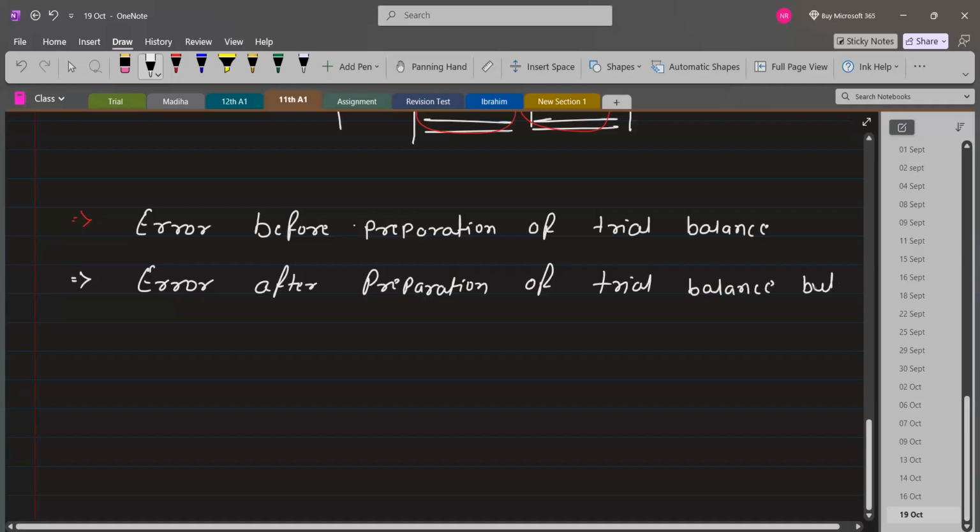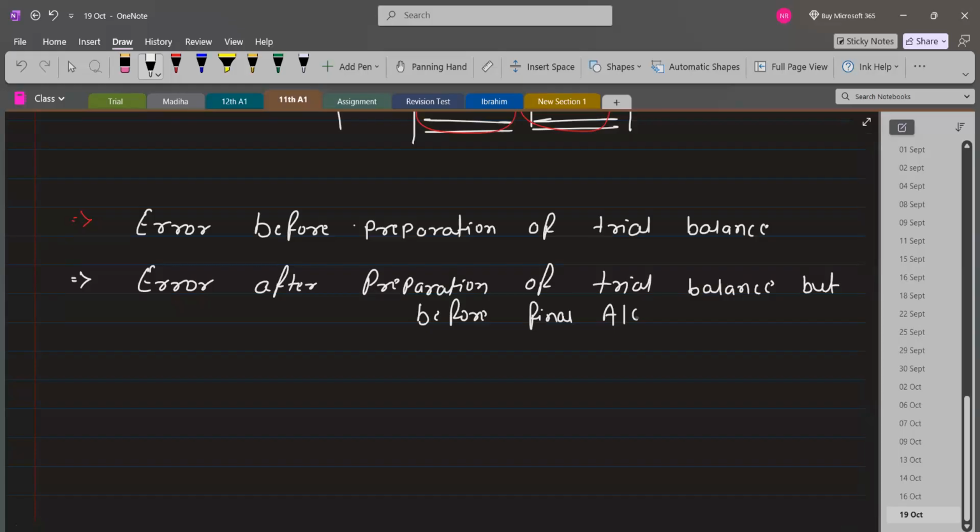But before final, because after final account, if you are finding any mistake, then it cannot be corrected in the current year. It will be corrected in the next year because you have already prepared your final account.